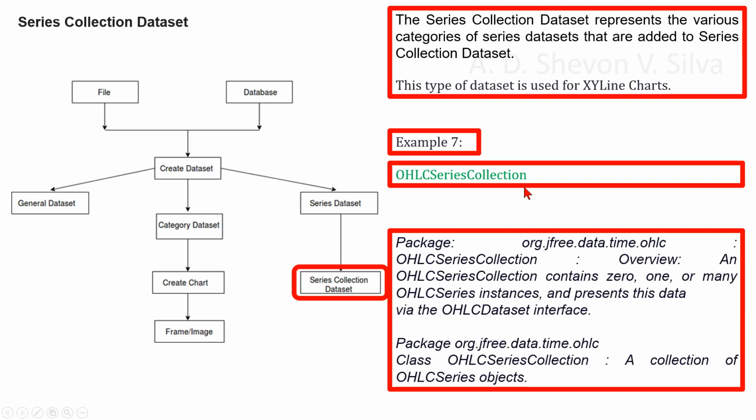Class OHLCSeriesCollection in package org.jfree.data.time.ohlc, a collection of OHLCSeries objects. In other words, this class is a dataset that can be used to create charts that require open, high, low, close data. This kind of data is usually related to financial, marketing, trading.